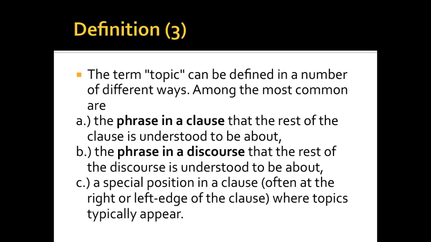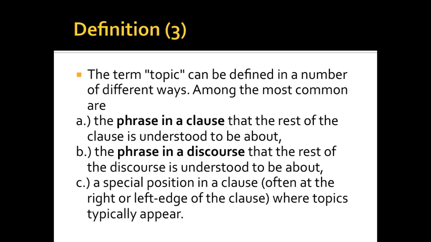The term topic can be defined in a number of different ways. Among the most common ones are: A, the phrase in a clause that the rest of the clause is understood to be about. B, a phrase in a discourse that the rest of the discourse is understood to be about. So it can be either a phrase in a clause or a phrase in a discourse.